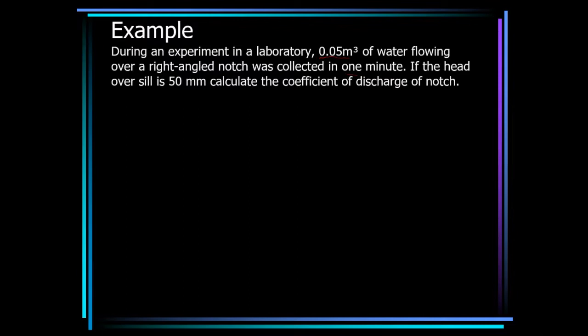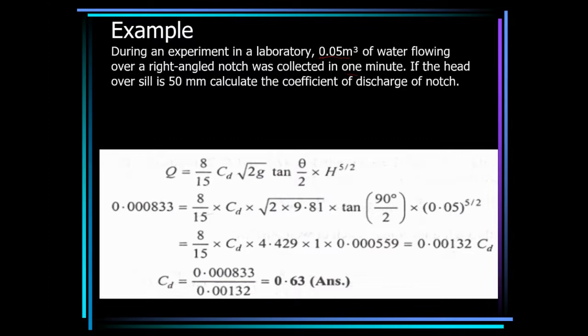And then if the head over the notch is 50 millimeters, calculate the coefficient of discharge of the notch. So the head over the notch is simply the head above the weir crest, where you have the highest height of the triangular section.